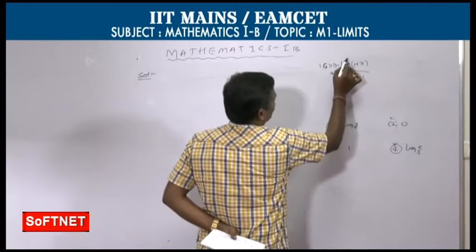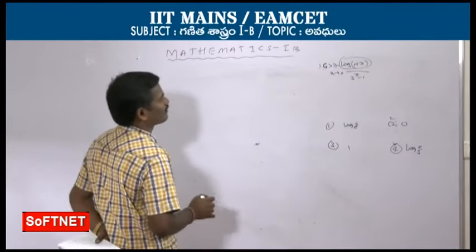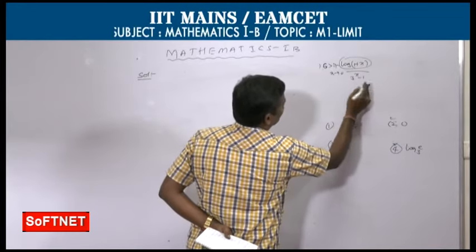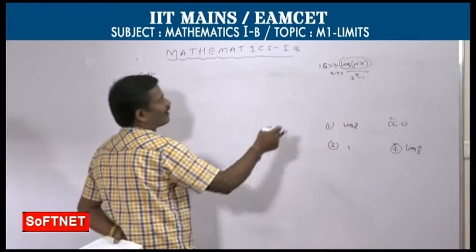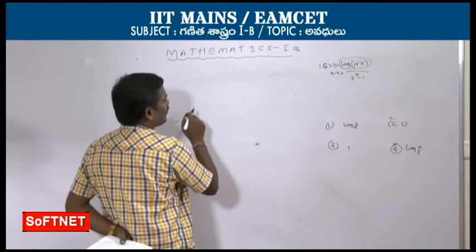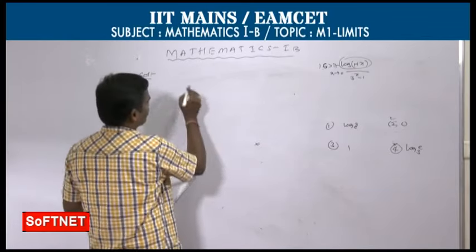Here we have one standard form with x in the denominator, log of 1 plus x by x, it is 1. Here also, a power x minus 1 by x is one more direct formula we have. So, for that we need to divide the numerator and denominator by x.